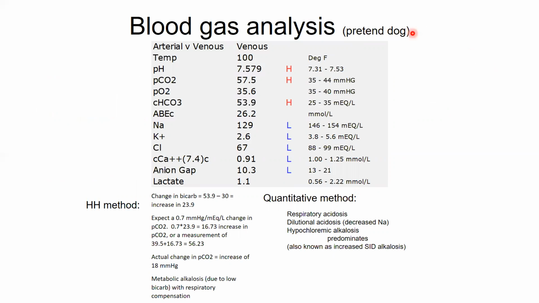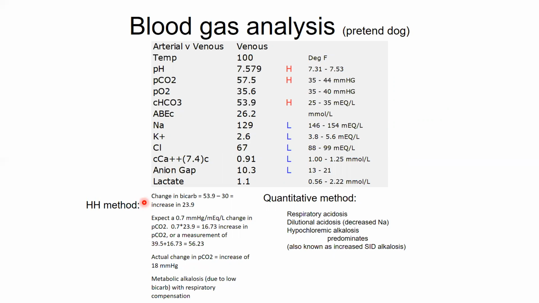So if we pretend she's a dog and do the calculations, we can see from her blood gas that she has an alkalosis, which can be described as a metabolic alkalosis because her bicarbonate is increased.